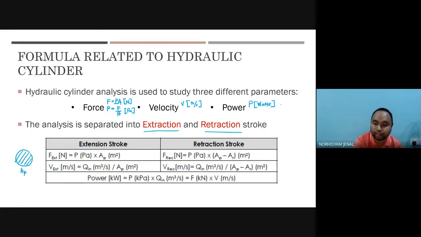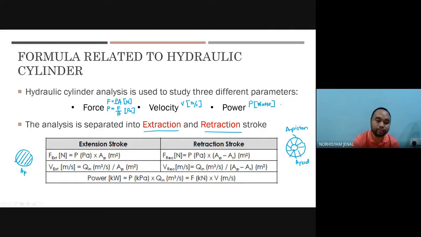For this side, the same piston, but we have two different areas to take care of. This is A piston, and then we have this as A rod. Piston and rod. So this is the surface area for our study.